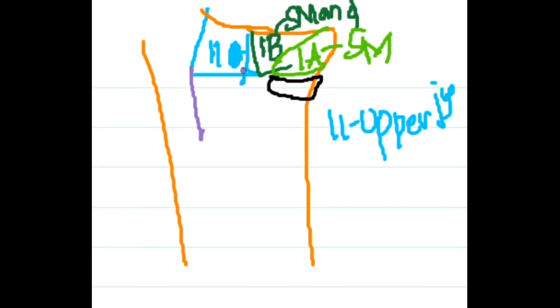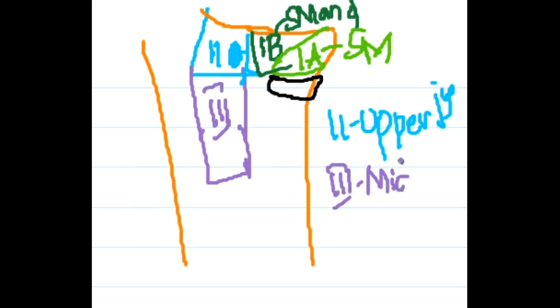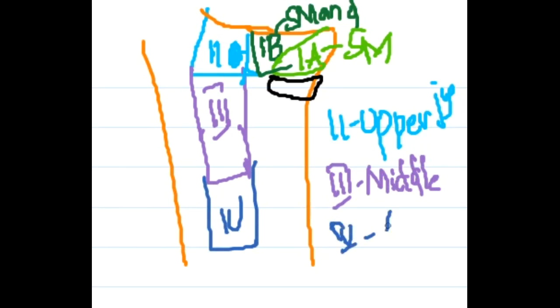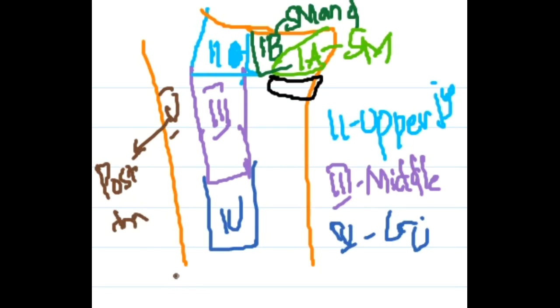Along the jugular vein you can divide it into 3 compartments: 2, 3, where 3 is middle jugular, and we have 4, the lowest one, which is lower jugular. And we have 5, which is posterior triangular lymph nodes, and 6, which is mediastinal, present in the mediastinum.